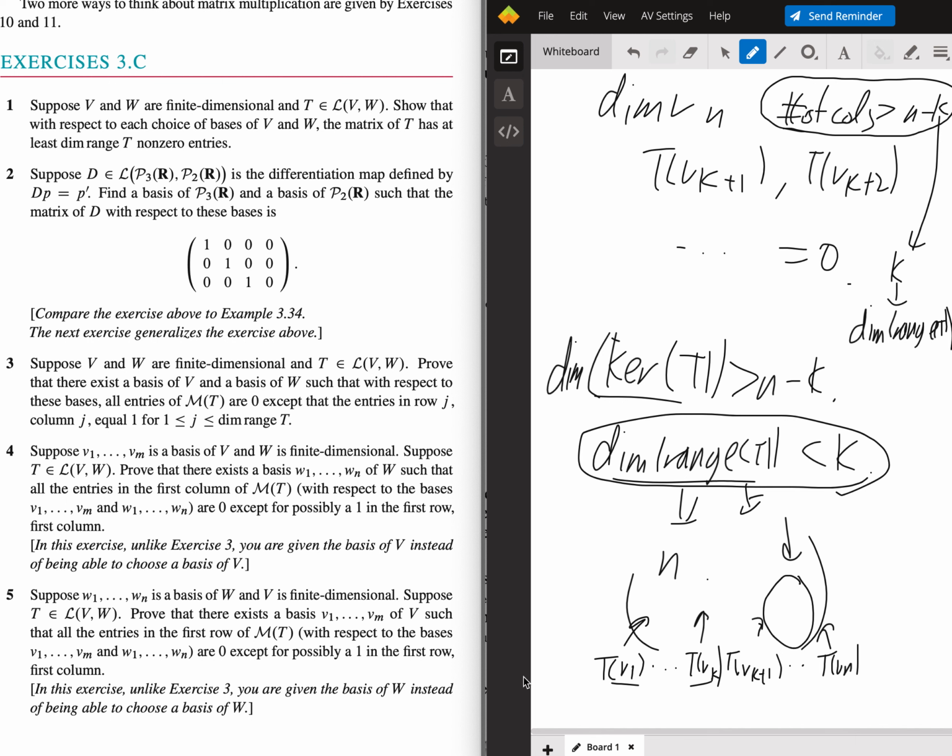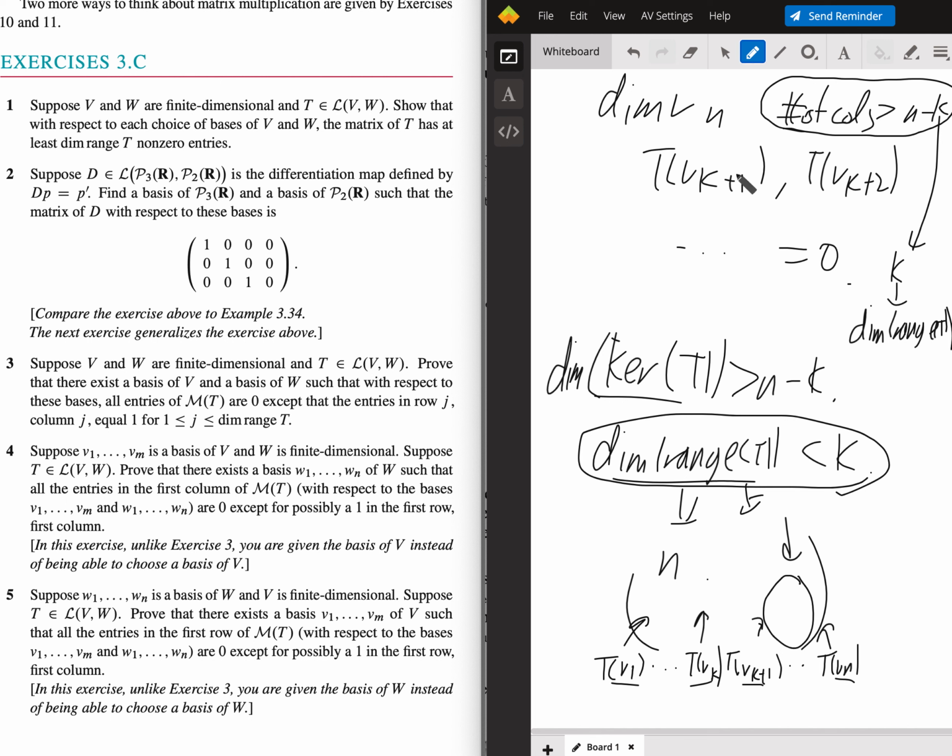It's not guaranteed, but the relevant thing is from V_{k+1} to Vn, you're getting mapped to 0.